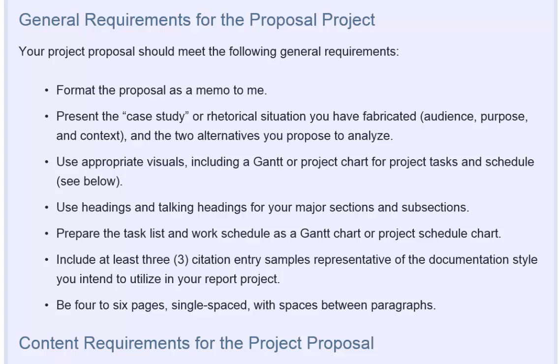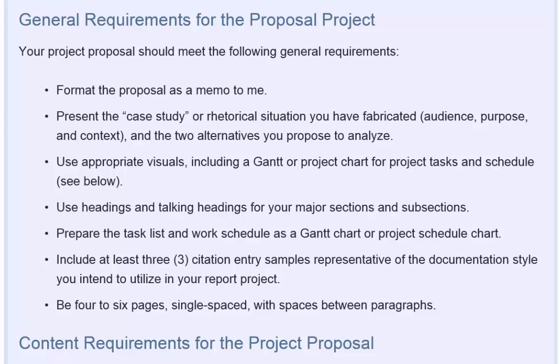Please format your proposal as a memo to your instructor. Describe in detail the scenario that you are responding to. Describe the organization, their problem, the two alternatives you will be comparing, and the criteria that you plan to use to evaluate each alternative. You should use visuals as appropriate, and you should use at least one Gantt chart for your proposed schedule.